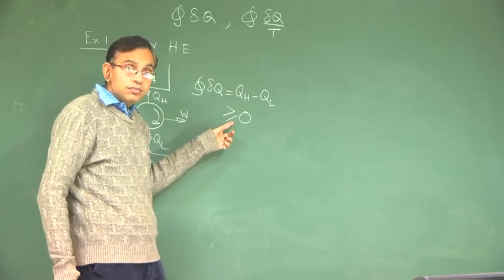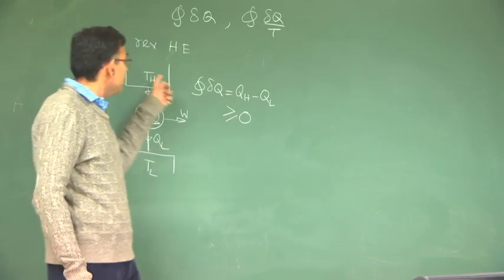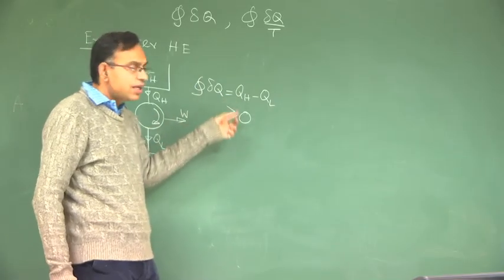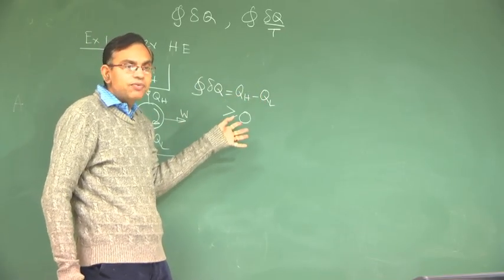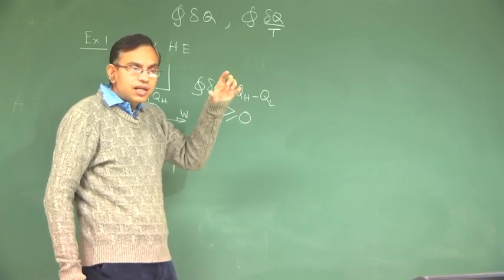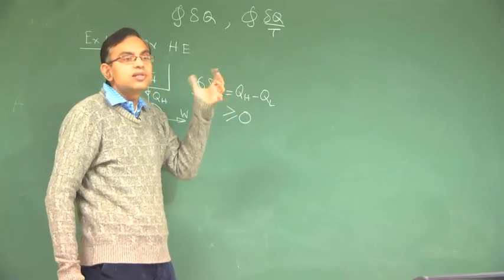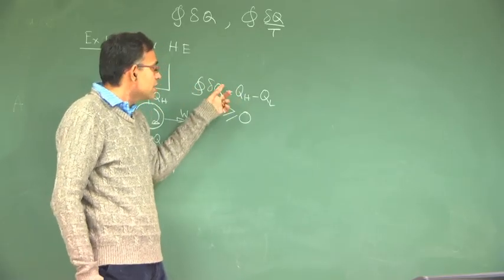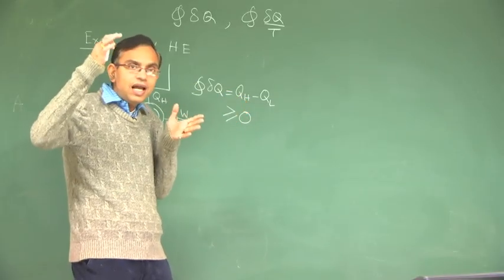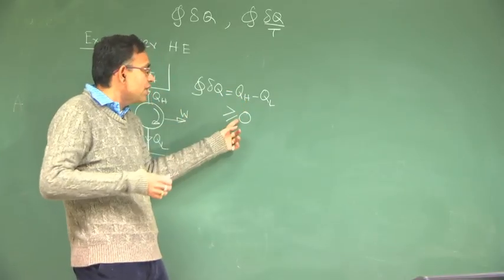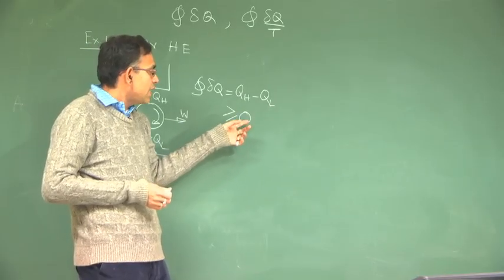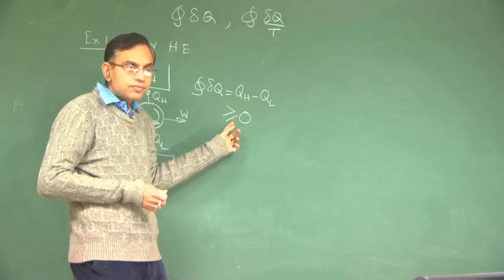Equal to 0 in the limiting case when TH and TL are very close, because QH by QL is a function of TH by function of TL. So, when TH and TL are very close, the ratio of these functions is almost unity, and W equal to QH minus QL will tend to 0. So, if TL and TH are limitingly close, only then this equality should be used. So, this equality is not in a classical sense, but in a limiting sense. Okay.